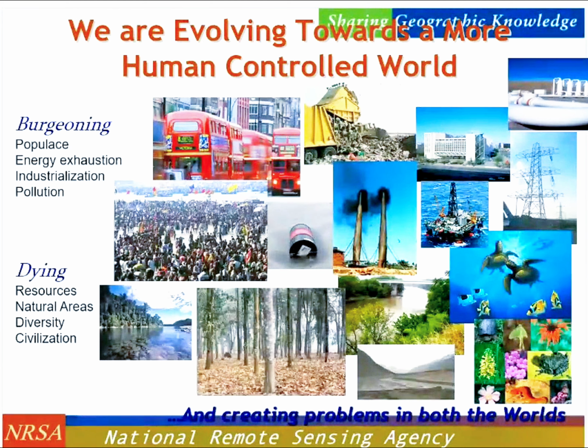For example, different types of forests and wildlife animals are facing problems due to increasing population, and the population is also facing problems in different ways. Each and every time, problems are created in both worlds. Both worlds means the natural world and the man-made or human world. Both worlds are facing different types of problems in recent days.